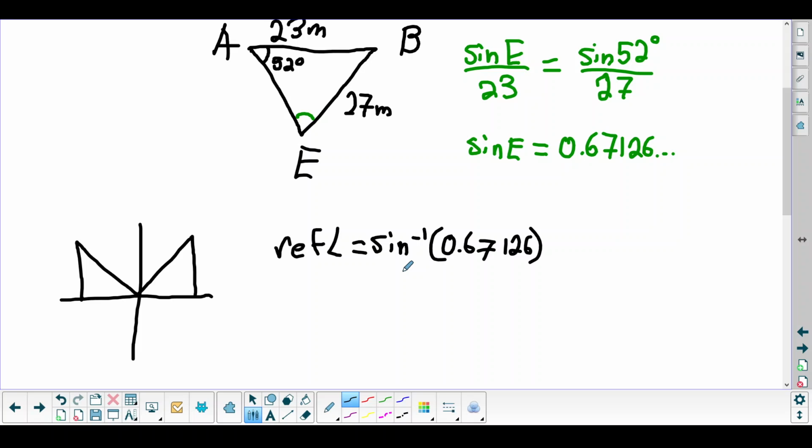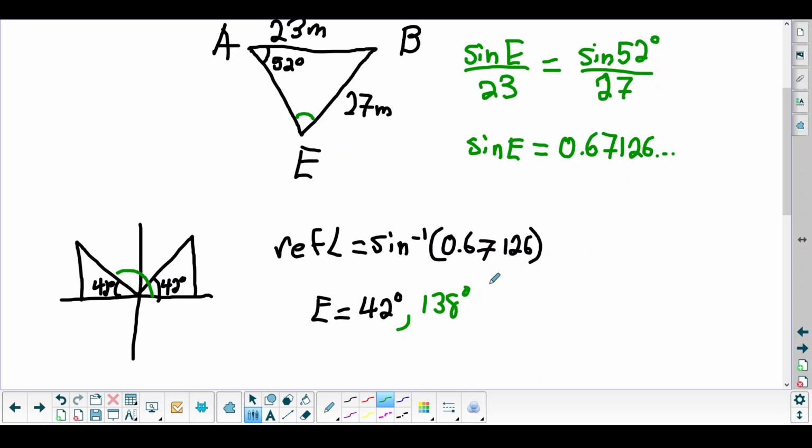Punch it in our calculators, and we get about 42 degrees. So that means angle E is equal to 42 degrees, or this angle here, which would be 180 minus 42, is 138 degrees.